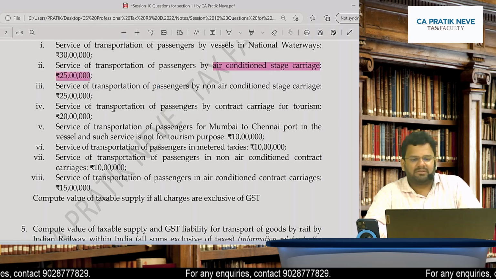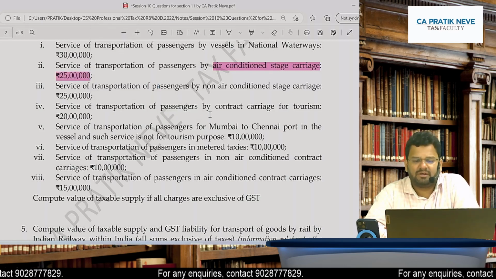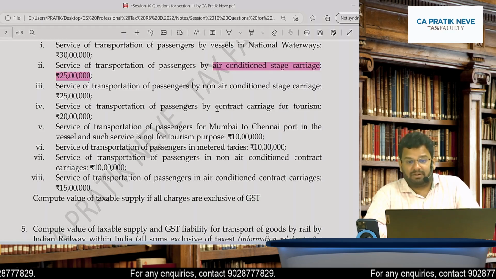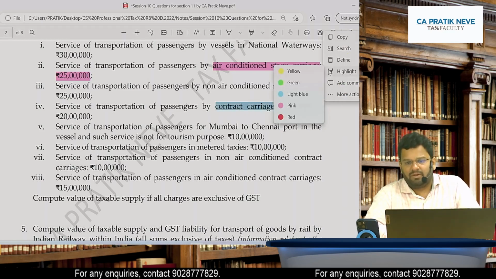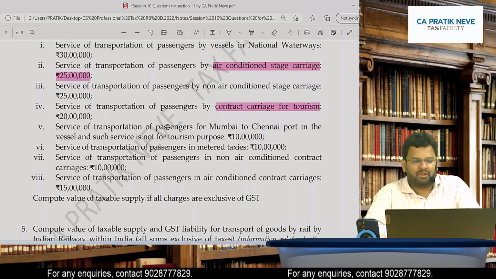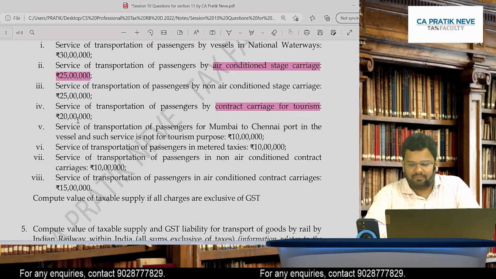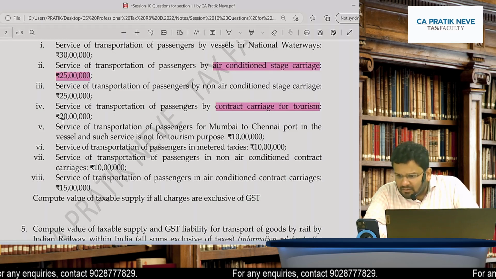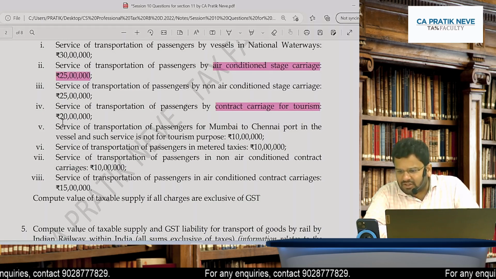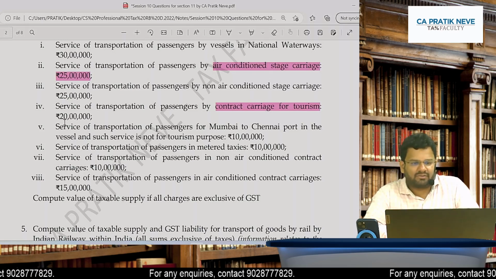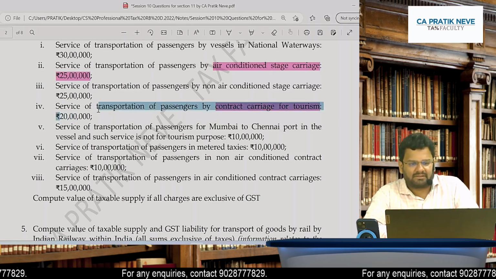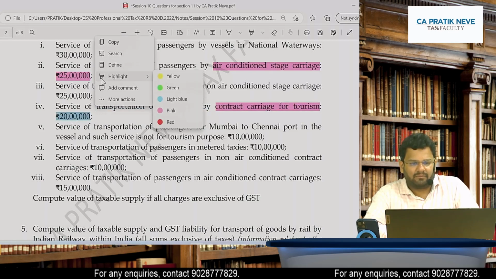Then service of transport of passengers by contract carriage, but the point is it is for tourism. When it is for tourism, it will become taxable. Nagaratna, check. Who said exempt? Anisha, check. It is for tourism, so it will be taxable. Okay.